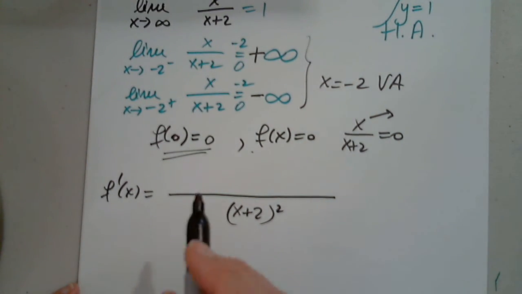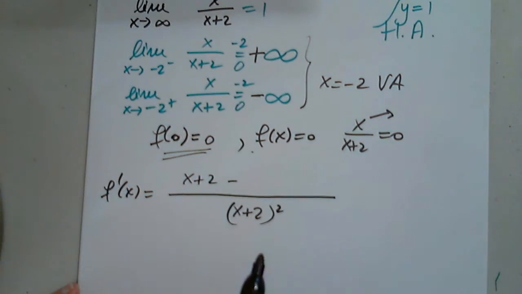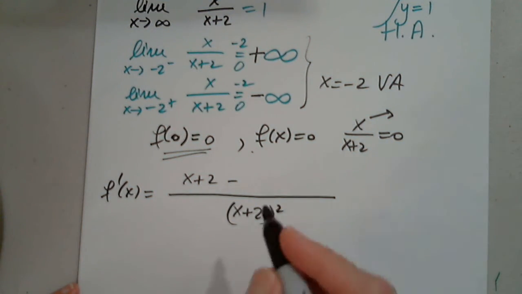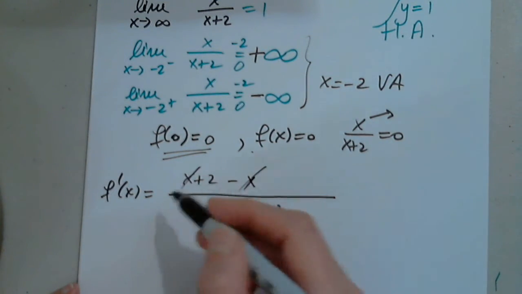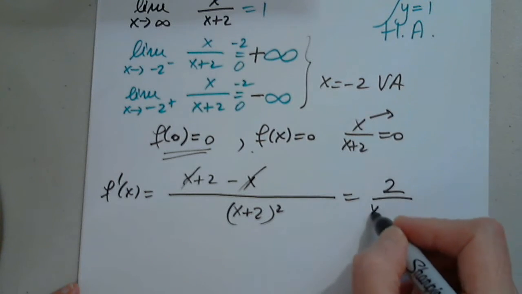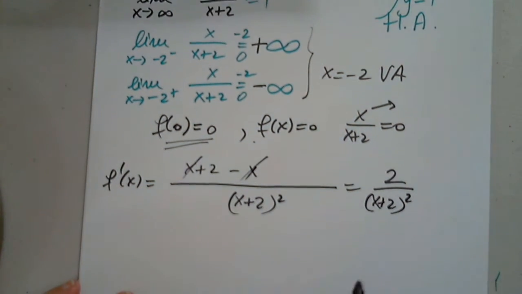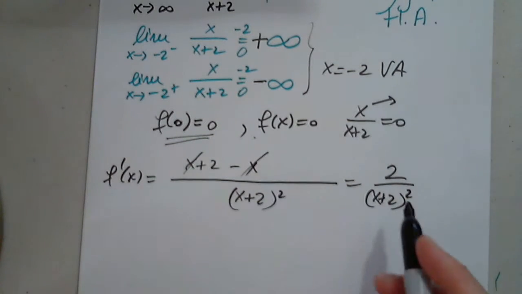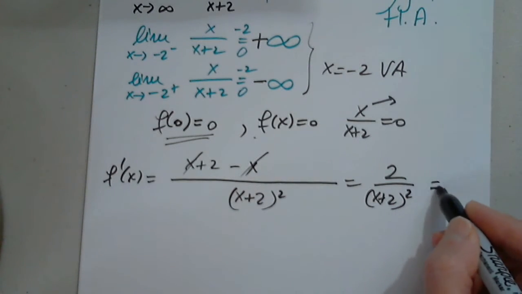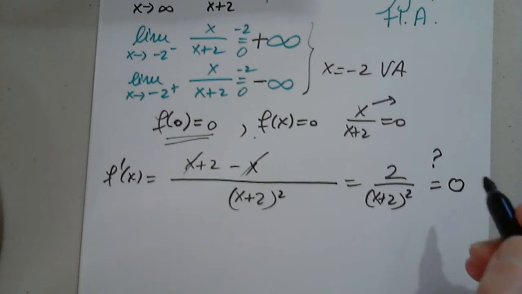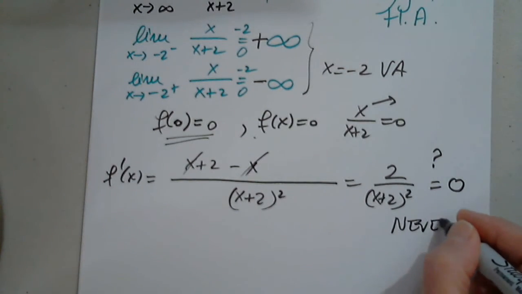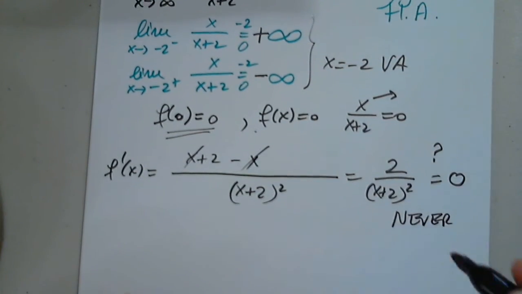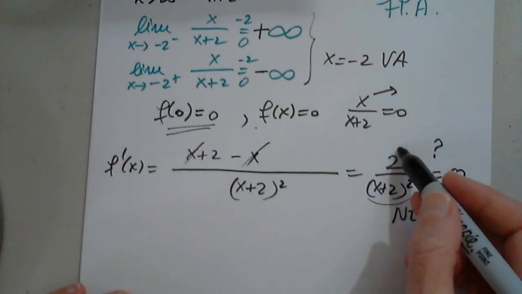The top is 1, and then x plus 2 minus the top times the denominator is minus x. Very nice. So this is 2 over x plus 2 squared. Is f prime ever 0? No, never. Because the numerator can never be 0. What is the sign of this expression?